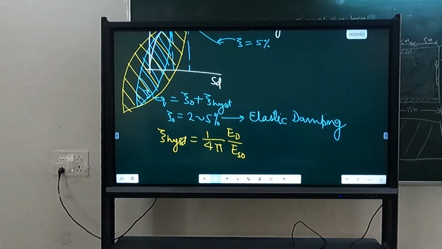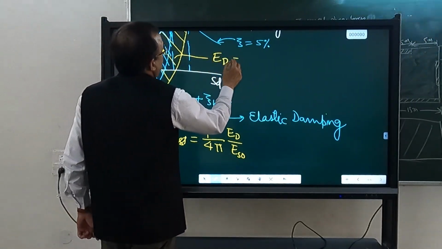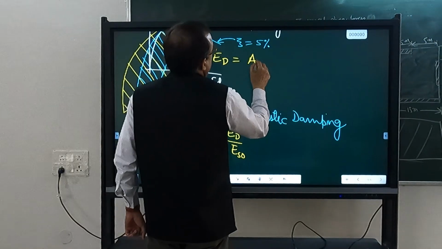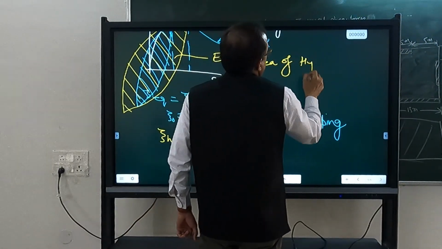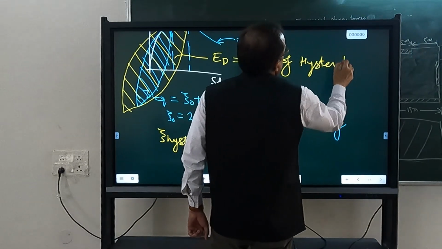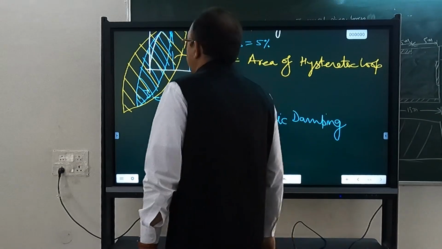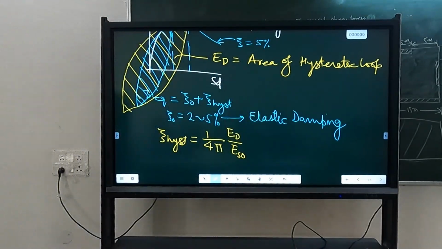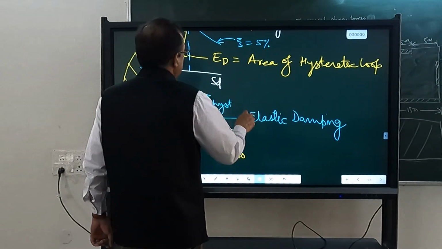What is ED? ED is the area of this hysteretic loop. So if you calculate the area of this hysteretic loop, that will give you ED. And what is ES now?